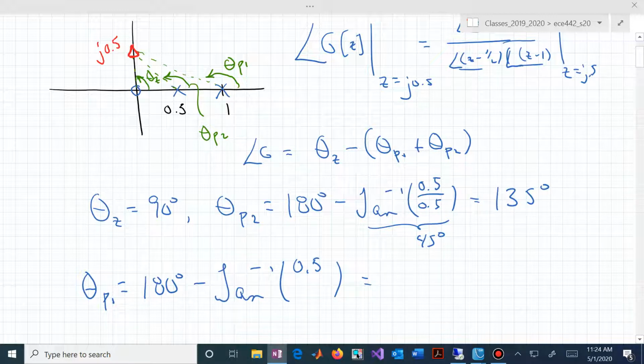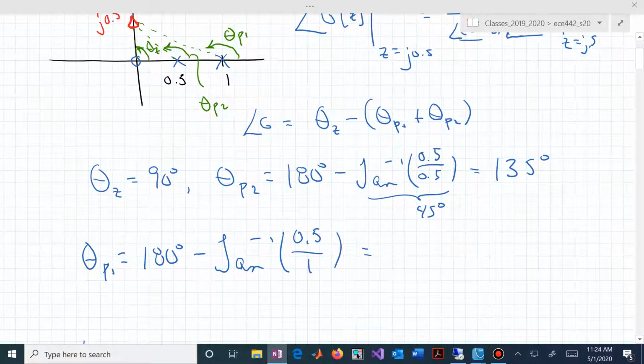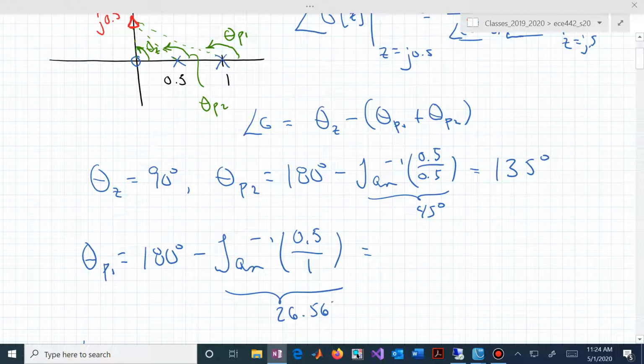This is then the acute angle, and we're going over a horizontal distance of 1. In fact, this angle is 26.56 degrees. We take that away from 180, and we do obtain an angle that is larger, which is what we visually saw. Theta p1 is a larger angle than theta p sub 2.